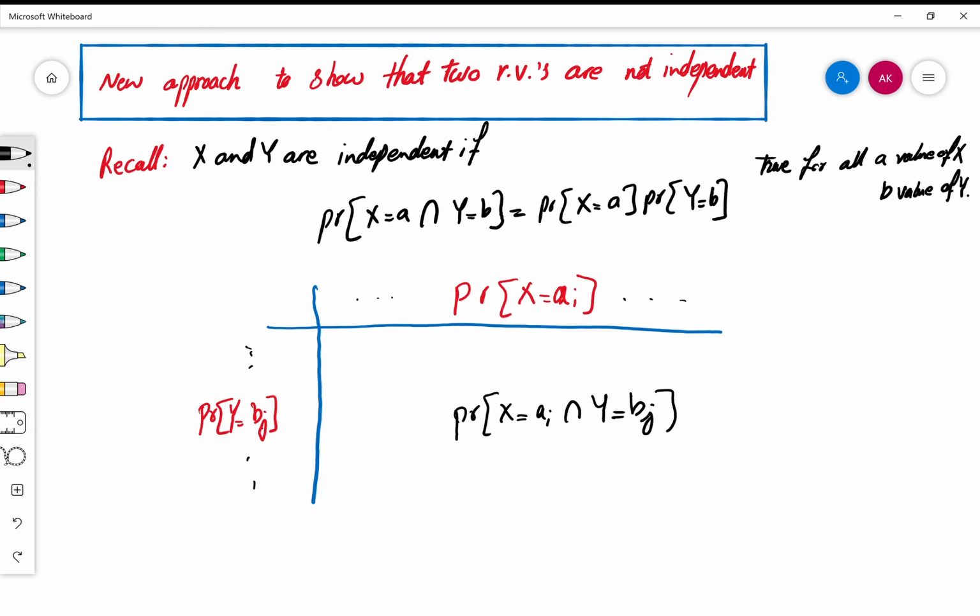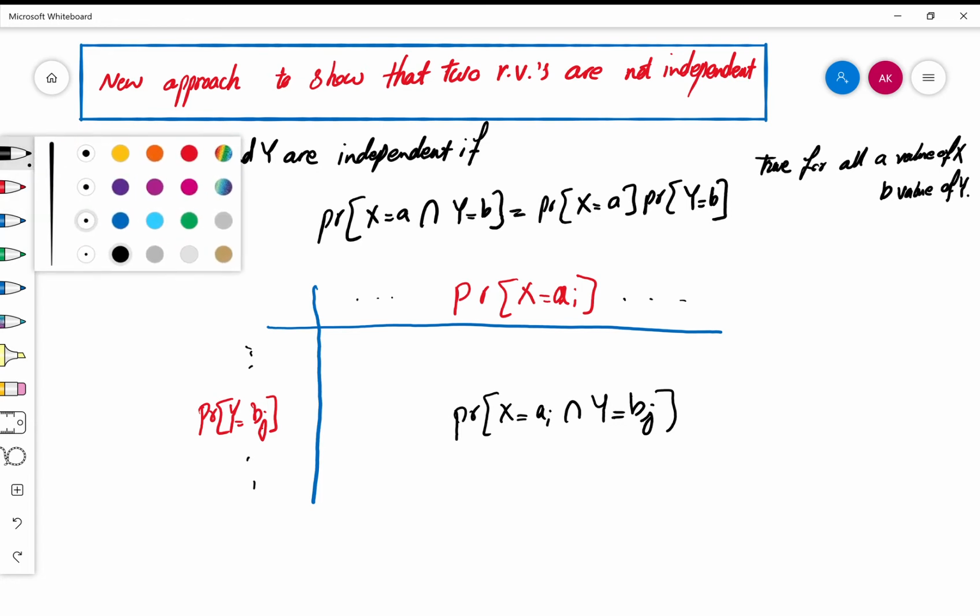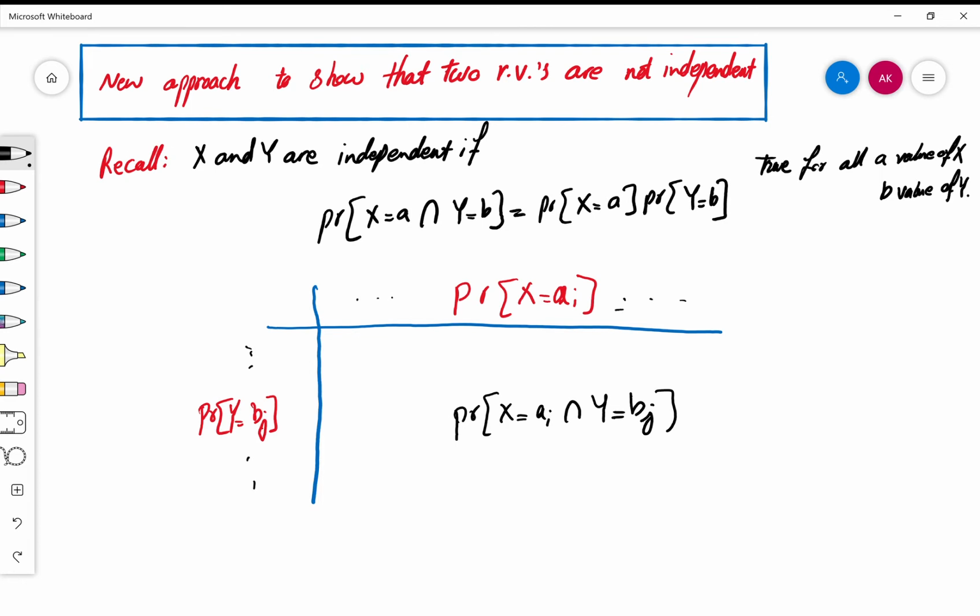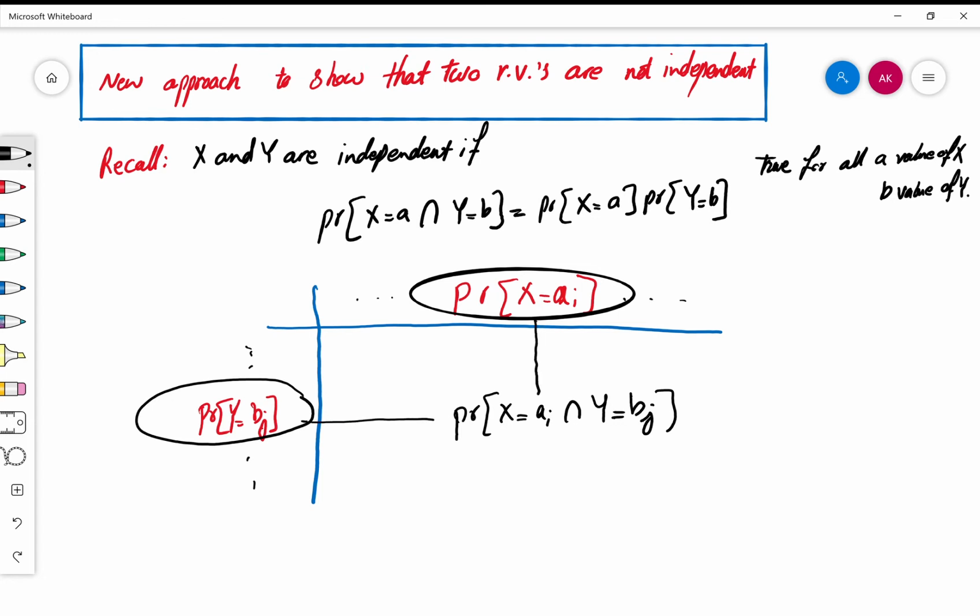And we saw that X and Y are independent if the table is actually a times table, meaning that every point in the middle is the product of these two.